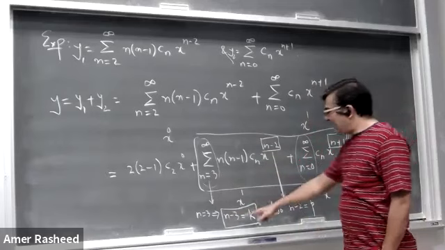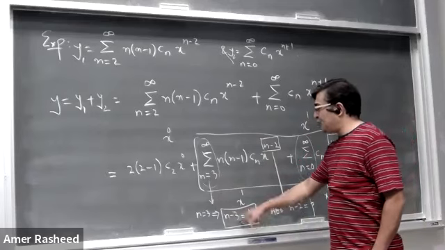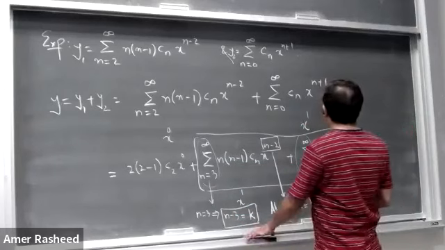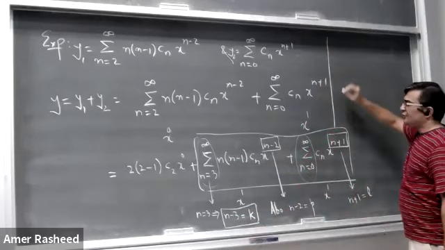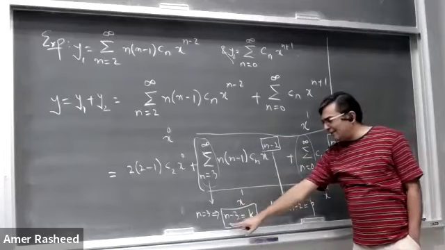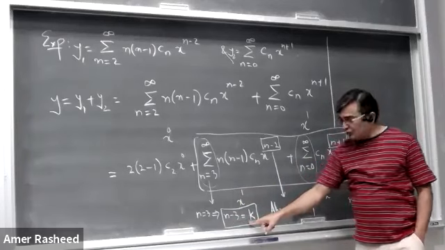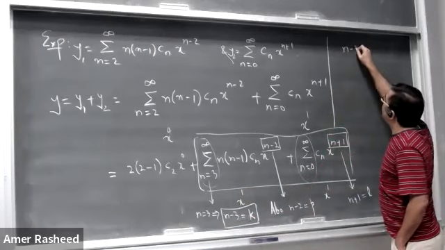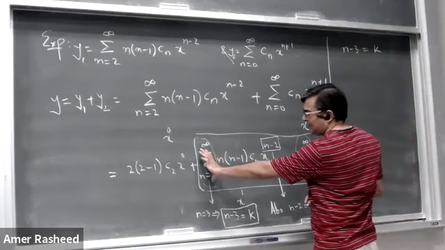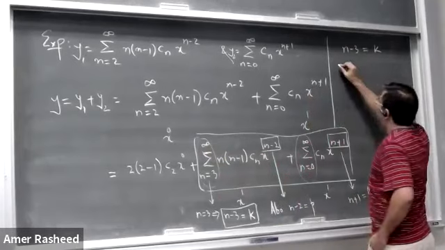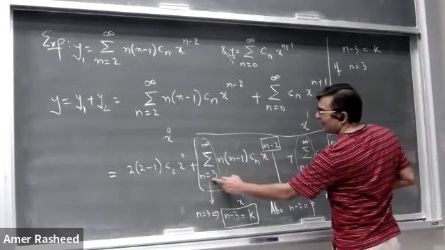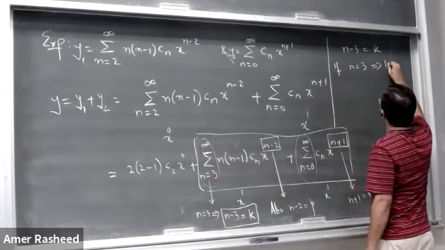Now when we make this substitution here, what will we have, what will come? So in the first series, we are going to make this substitution: n minus 3 is equal to k. Now we are going to change the summation values. If n is equal to 3, then what will k be equal to?